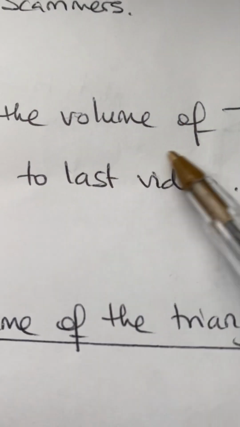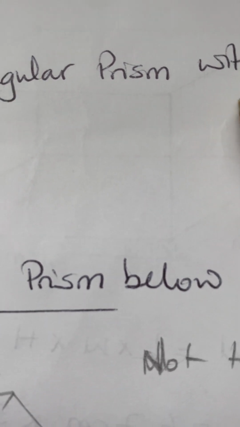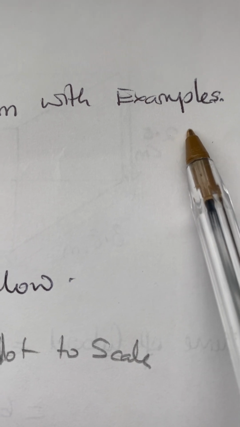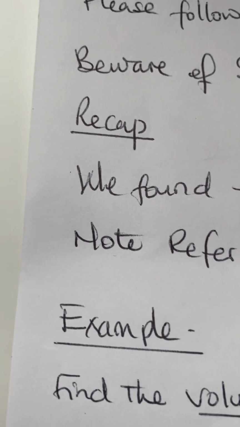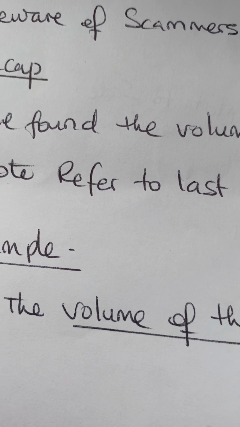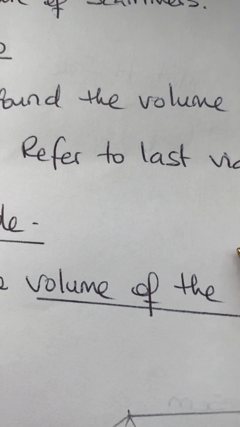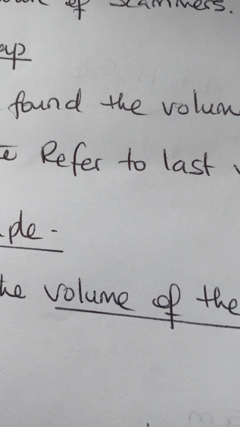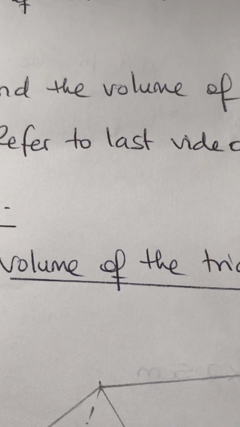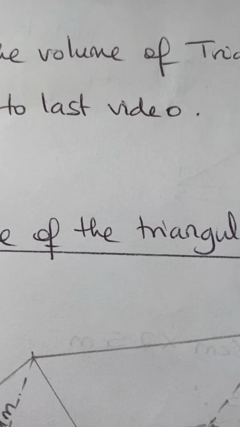Okay, recap. We found the volume of the triangular prism with examples. We did, I think, 3 examples yesterday. Please refer to the last video. We are getting to a point that what we need to do is a lot, so if I always bring examples, we might not finish in the short time we have.